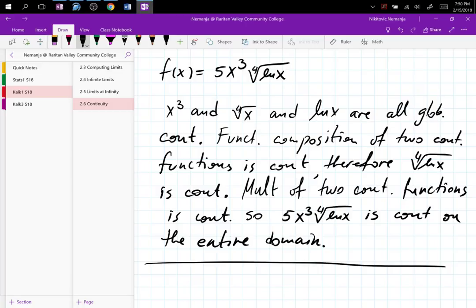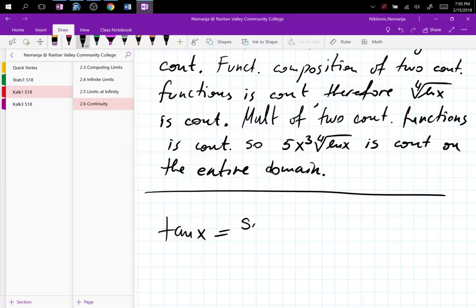The tangent function has infinitely many discontinuities because it has infinitely many vertical asymptotes. You have to be careful about those things. Also, the other 3, secant, cosecant, and cotangent, are also globally discontinuous because they have infinitely many vertical asymptotes.